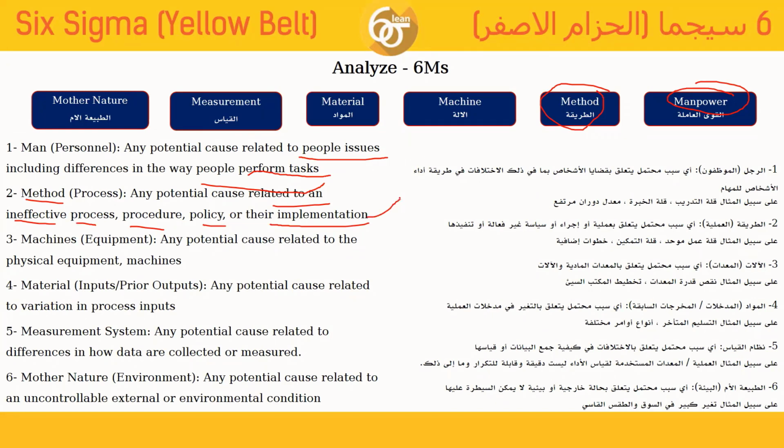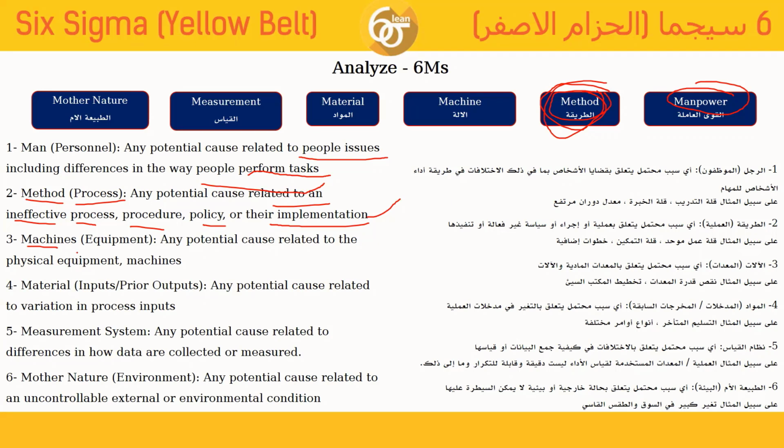If it's not implemented well, the result will definitely be unsatisfactory. So this is what we call the method. Method means the process or the procedure or the policy, or any of them if it is not implemented. So your root cause, the potential cause, can be one of these methods.